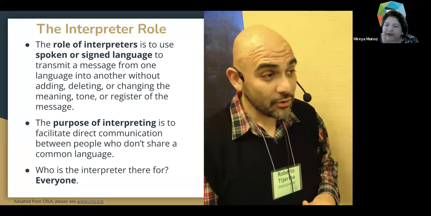And that interpreter is there for everyone in that encounter, so we have to be mindful of that. We have to keep a moderate pace, and the interpreter is there to do that without adding or taking away anything from that encounter. Okay, next slide.